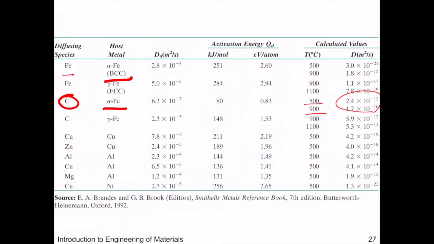Iron self-diffusing in itself in a BCC structure going from 500 to 900, you could also see the diffusion coefficient or diffusivity increase by quite a bit when going up 400 degrees.